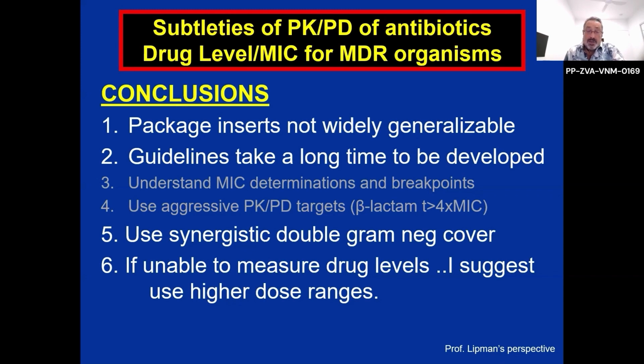If you are unable to measure drug levels, I'd suggest that you shorten your dosing interval from maybe 12 hours to an 8-hourly dose, or instead of 8-hourly dose, use a 6-hourly dose. If you can't measure, certainly you need higher doses than normal for resistant organisms.